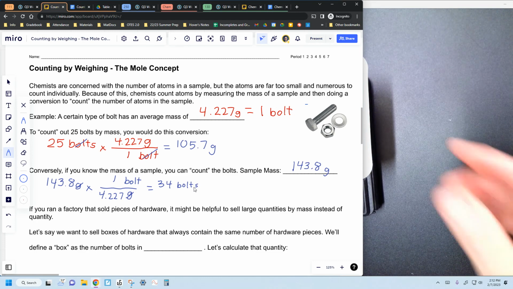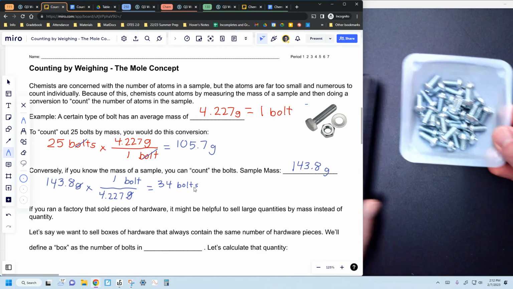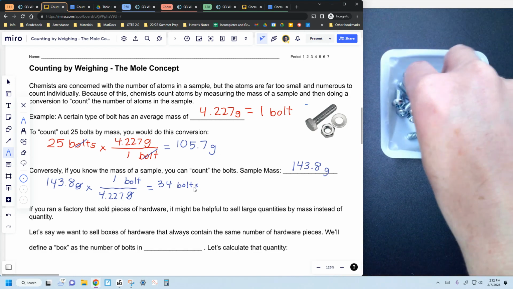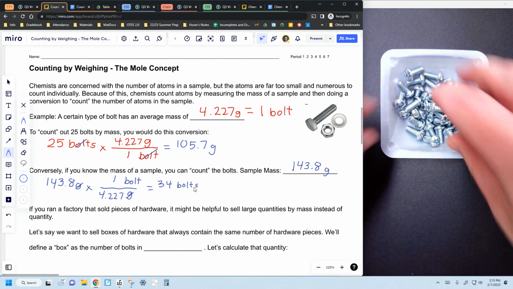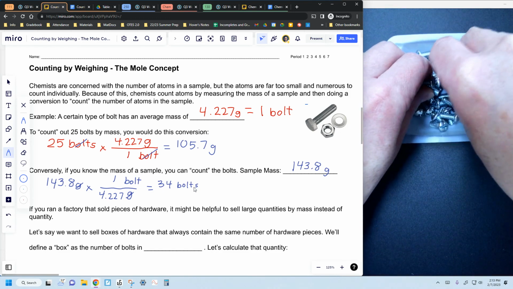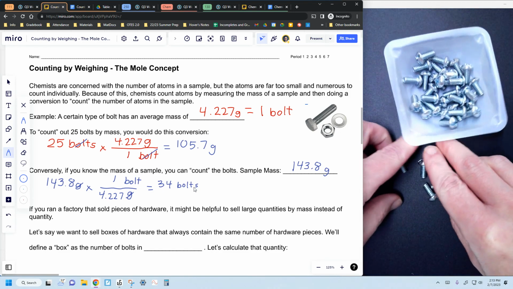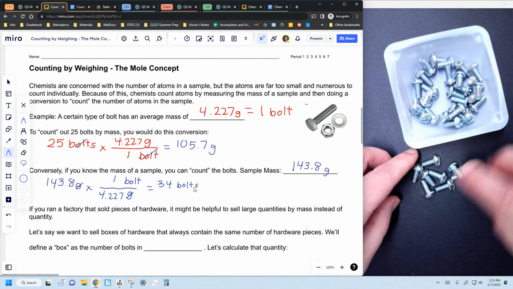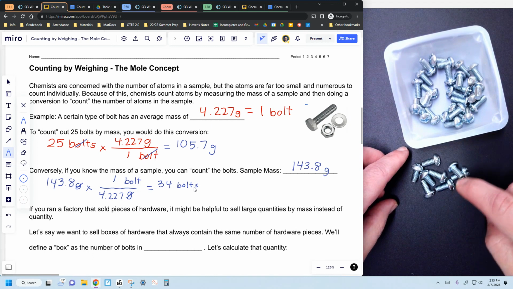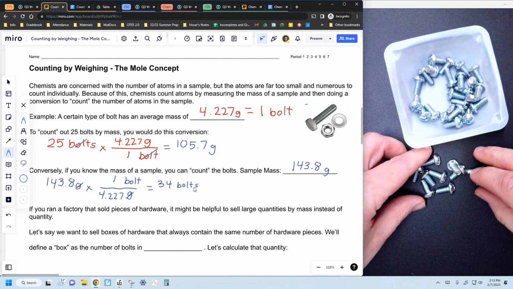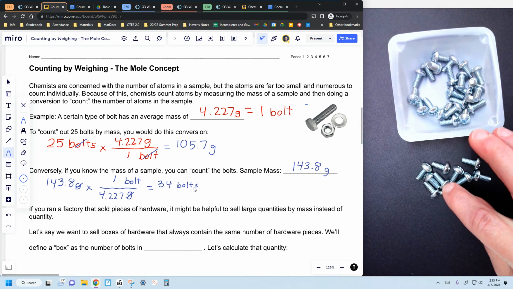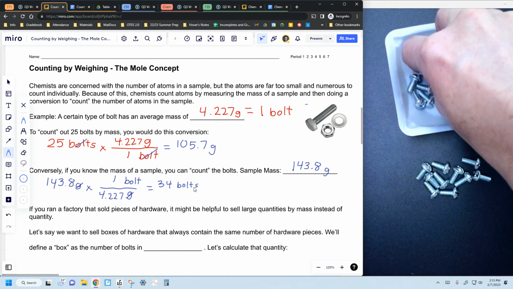All right, so again, I wouldn't normally do this because the whole point in measuring the mass and counting it that way is to be quick, but I want to verify that it is 34 bolts. This time, I think I will pull them out in groups of 10 just to be a little quicker. One, two, three, 4, 5, 6, 7, 8, 9, 10. Double check: 2, 4, 6, 8, 10. Okay, there's 10.